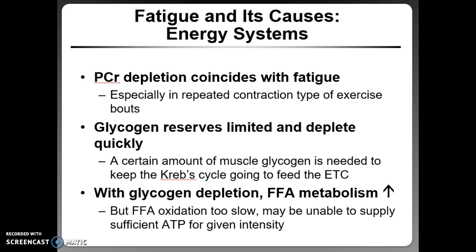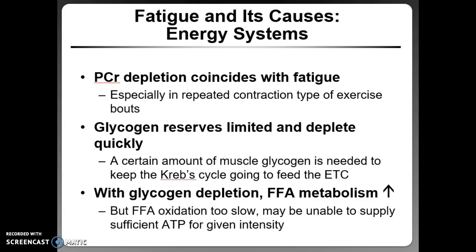So in terms of energy systems, we mentioned inadequate energy delivery and metabolism. So we'll have PCR depletion coincides with fatigue, especially for repeated contraction bouts of exercise. We have limited glycogen reserves, only about 2,500 kcals compared to free fatty acids that has over 70,000 kcals in reserve.